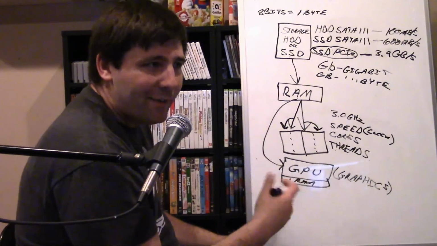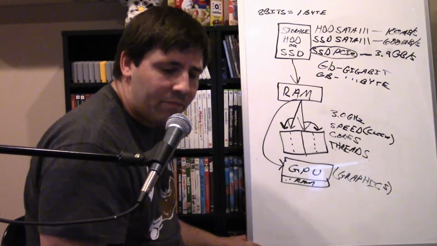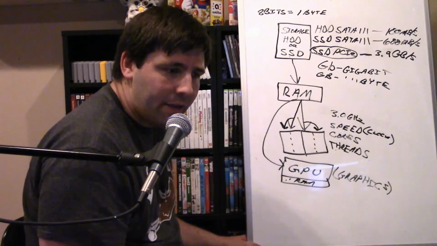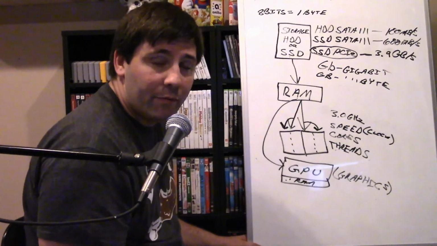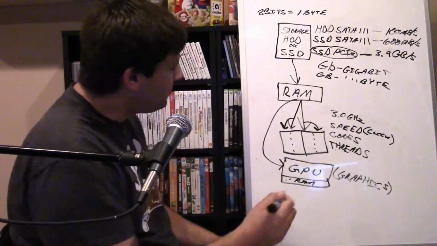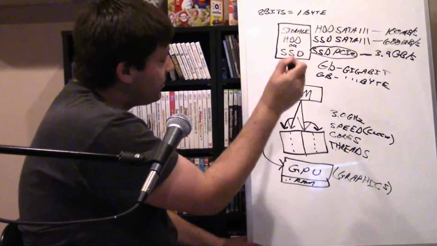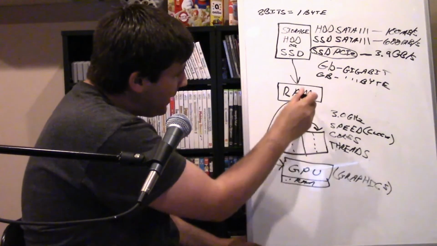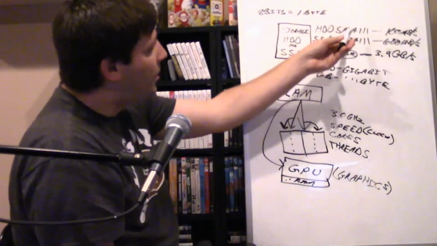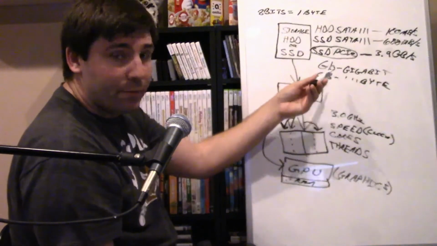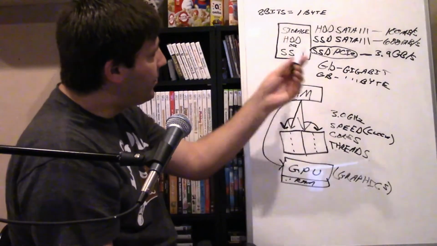How many gigabytes of RAM does it have? Generally today, most cards will have at least 4 gigabytes of RAM, and then there's 8, and some of the bigger ones have 12. So that's basically how it runs. We go from storage to RAM to CPU and or GPU. And these are all of the characteristics of each component.